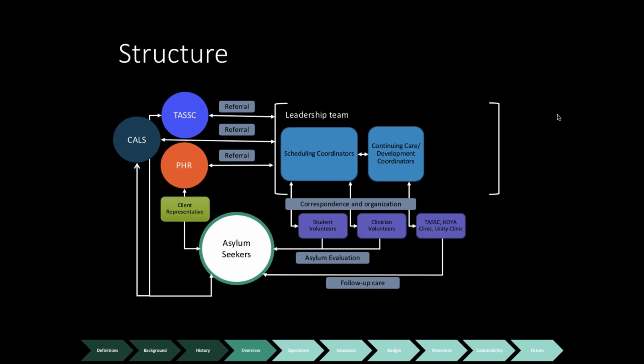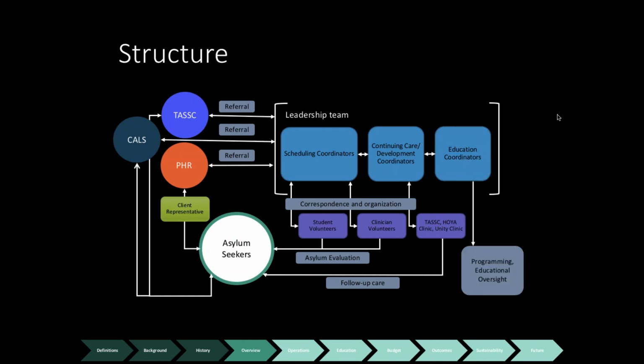So the asylum program is not a point of care. They're not our patients, but a lot of them have very significant medical needs that need to be addressed. And so we're continually working to develop relationships with different organizations and clinics throughout the city to further address those needs. And then on campus itself at Georgetown, we have education coordinators that are focused on medical students.